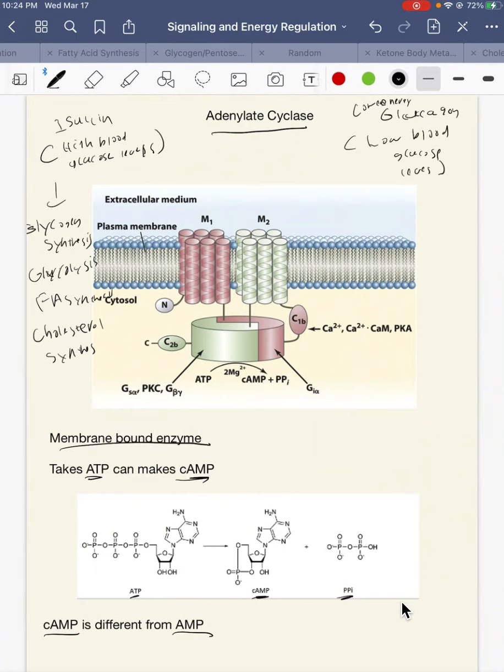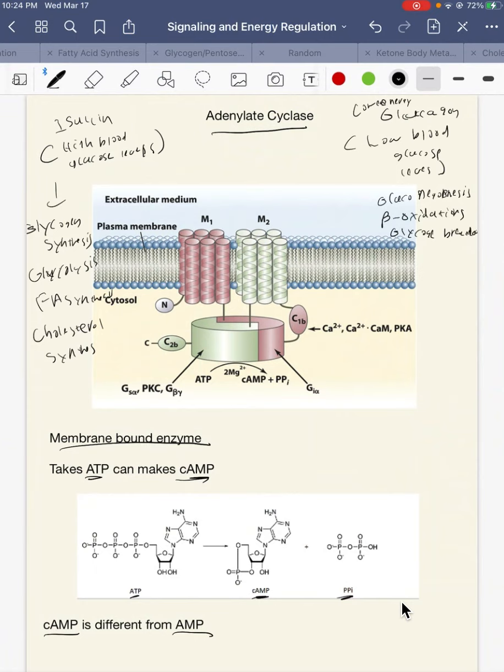This is run when we have low energy. So gluconeogenesis, because the liver would run gluconeogenesis because we have low blood glucose levels, so it needs to make glucose and send it to other tissues. We would probably run beta oxidation to break down fats for energy. We probably break down glycogen.